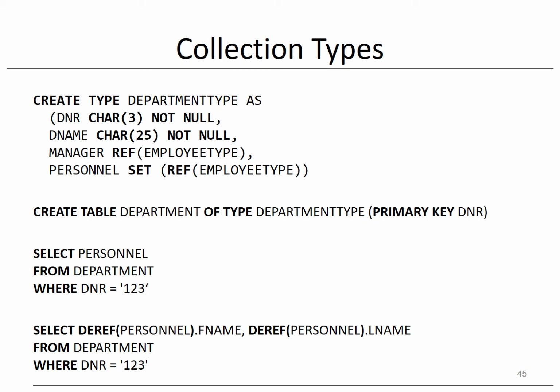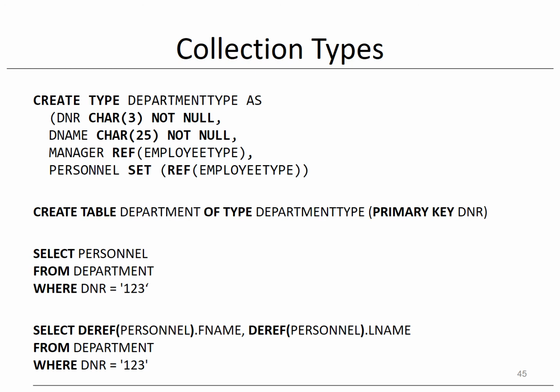If we would run the following query to retrieve personnel data from a specific department, select personnel from department where department number equals 123, then we would get a set of meaningless references. We can, however, use the deref function to get access to the actual data as follows.